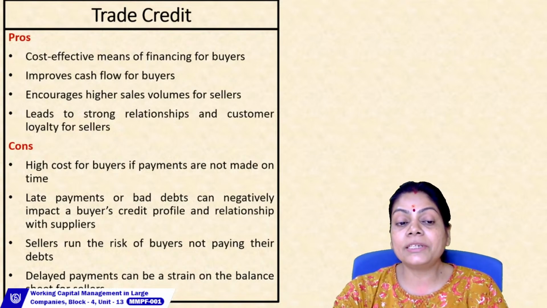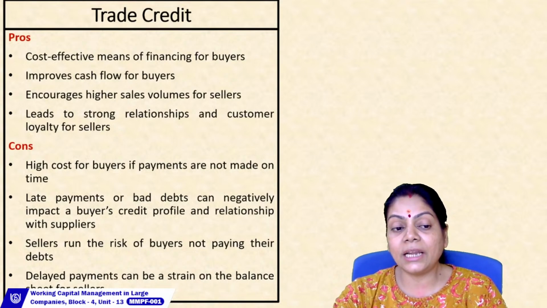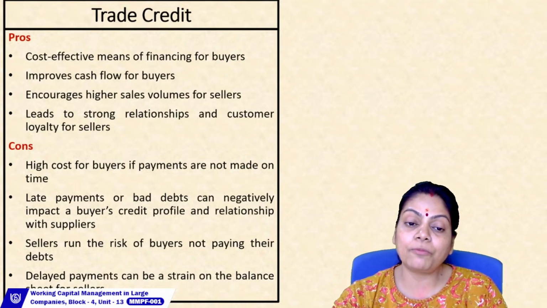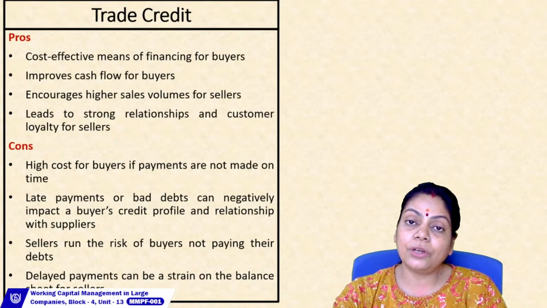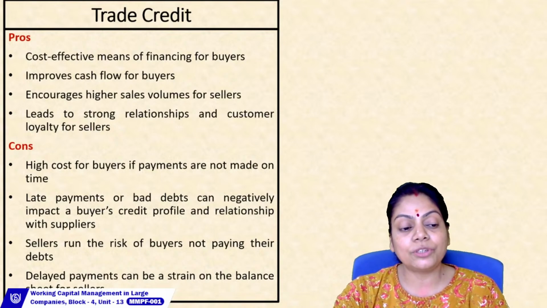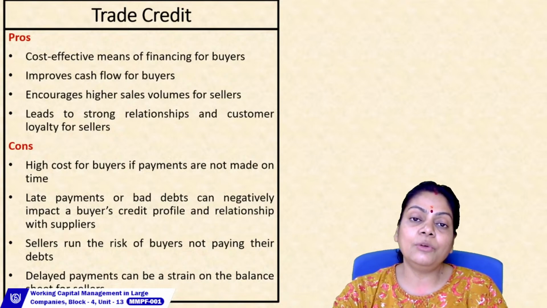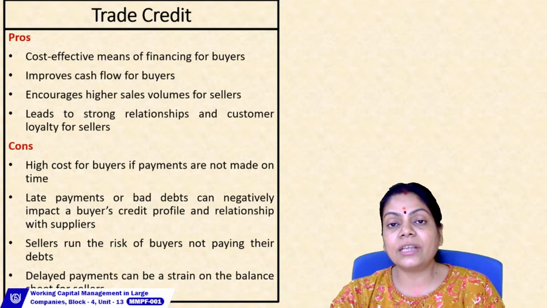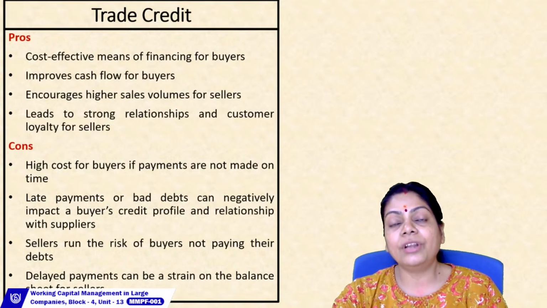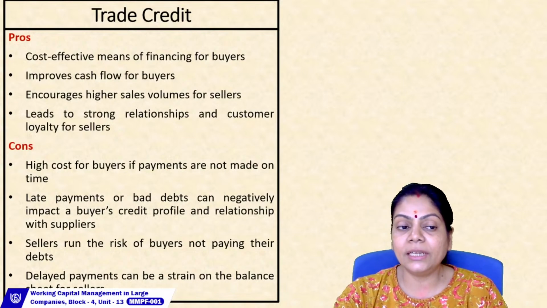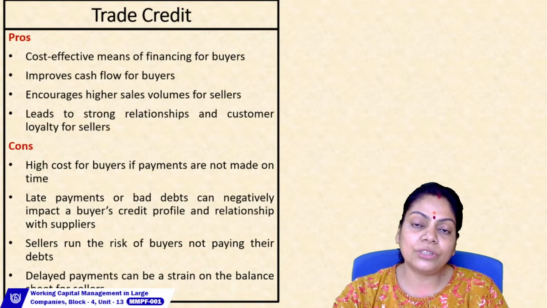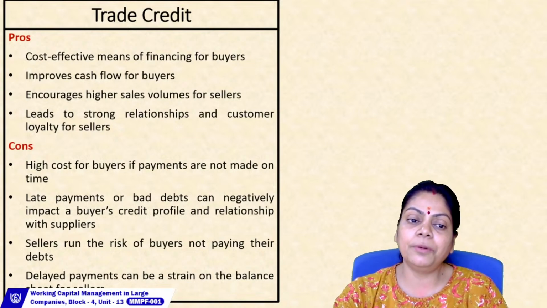Now the late payments or the bad debts can negatively impact a buyer's credit profile and your relationship with the supplier. Now suppose you are supposed to pay on the 90th day, and one cycle you stretch it for 5 days, the next cycle you stretch it for 10 days, the next cycle you stretch it for 17 days. So the supplier knows that you are purposefully stretching the credit period.